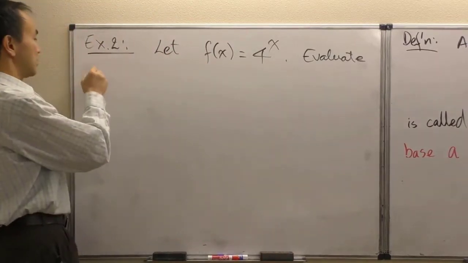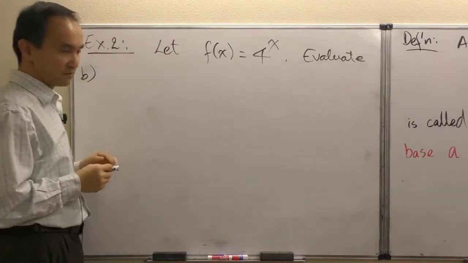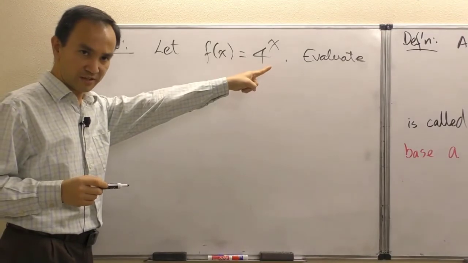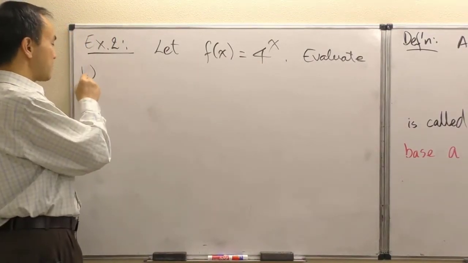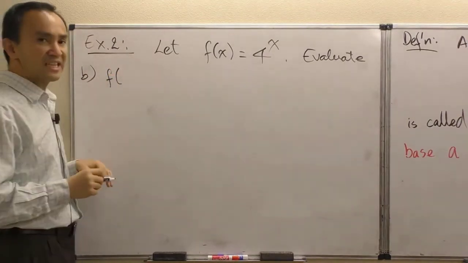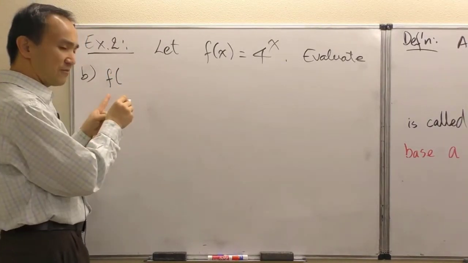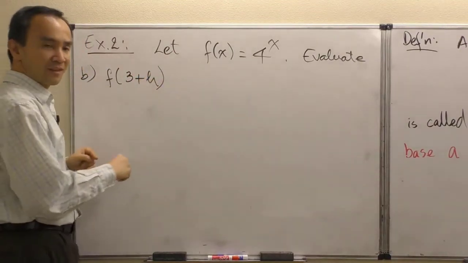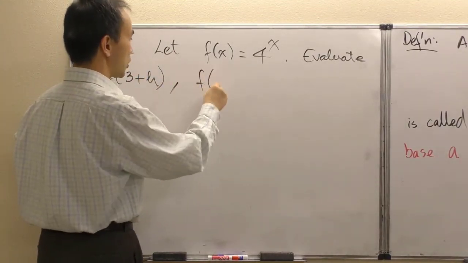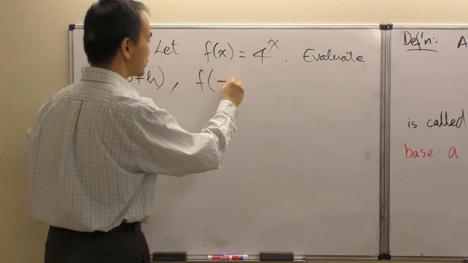All right, so part B of the example. Again, let's together evaluate the same problem here, but with a few different tasks. How about f of 3 plus h? And then also evaluate f of minus 2 plus h.